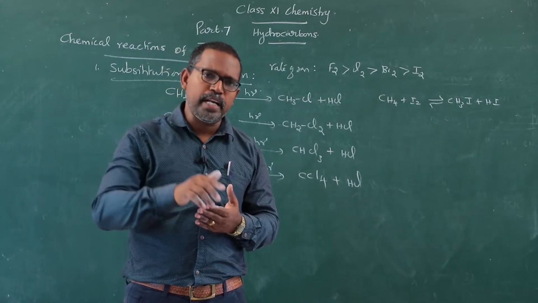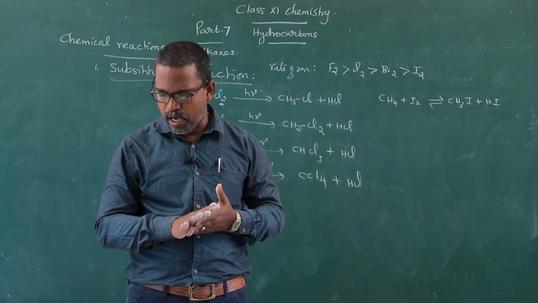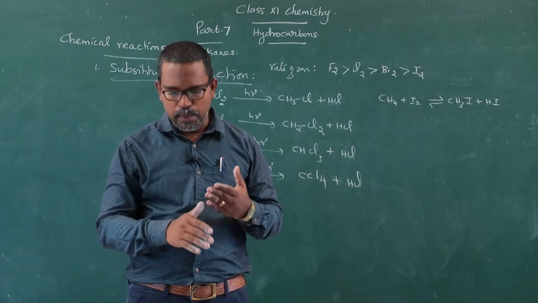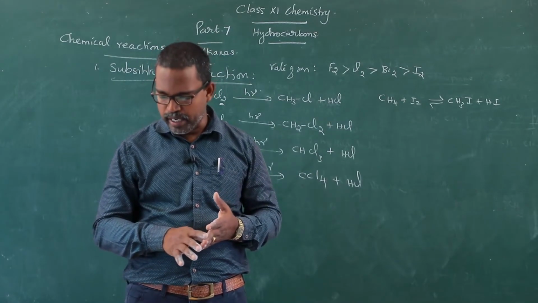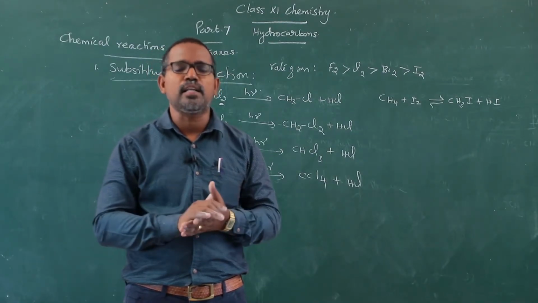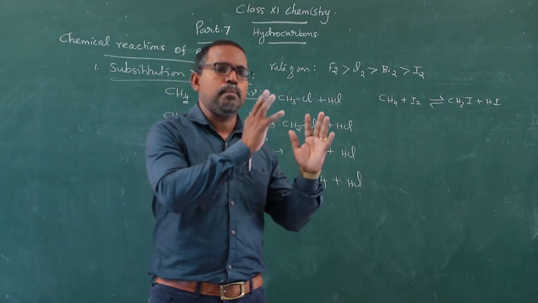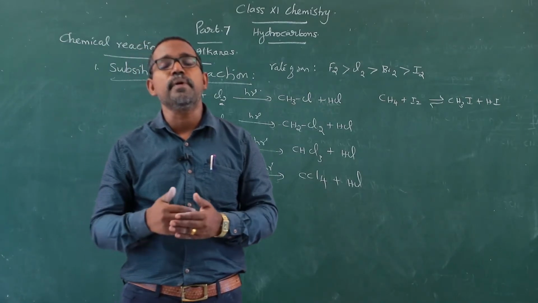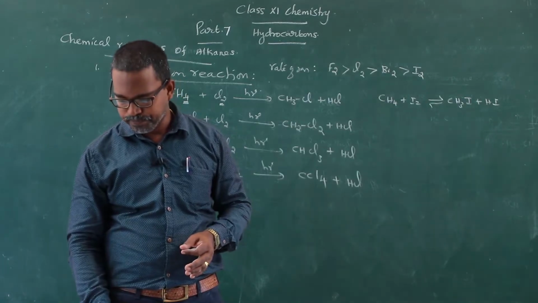Once the chlorine free radicals are formed, they attack the methane molecule to form methyl free radical and hydrogen chloride. The methyl free radical again reacts with chlorine, giving methyl chloride and another chlorine free radical. Finally, in the terminating step, the methyl free radical and chlorine free radical combine to provide methyl chloride.